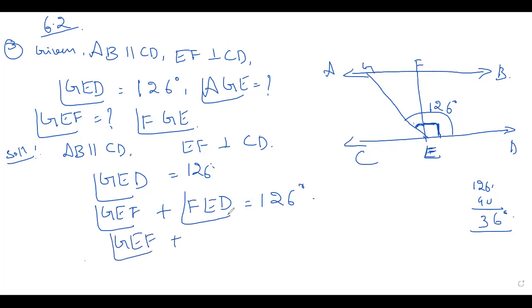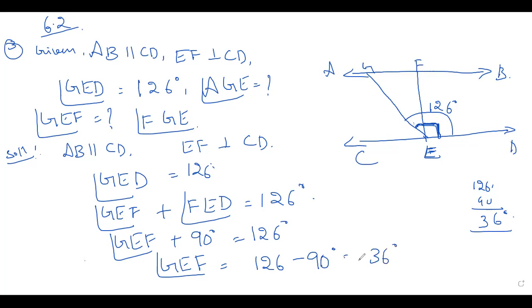GEF plus FED. FED we know, that is 90 degree. So I have written that 90 here. That is equal to 126. GEF is equal to 126 minus 90 degree.